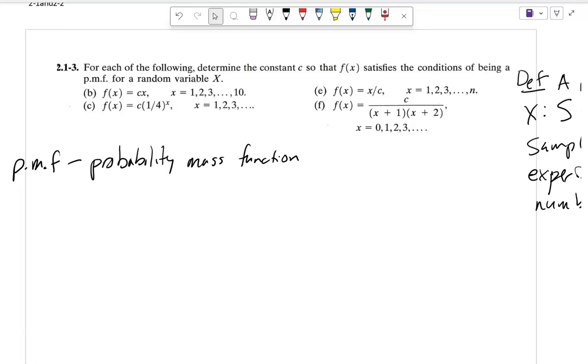Random variables quantify experiments. The event might be flip heads. The random variable assigns a number to flipping heads. Okay? The event might be draw a card from a deck of cards. The random variable would just give a number to that.